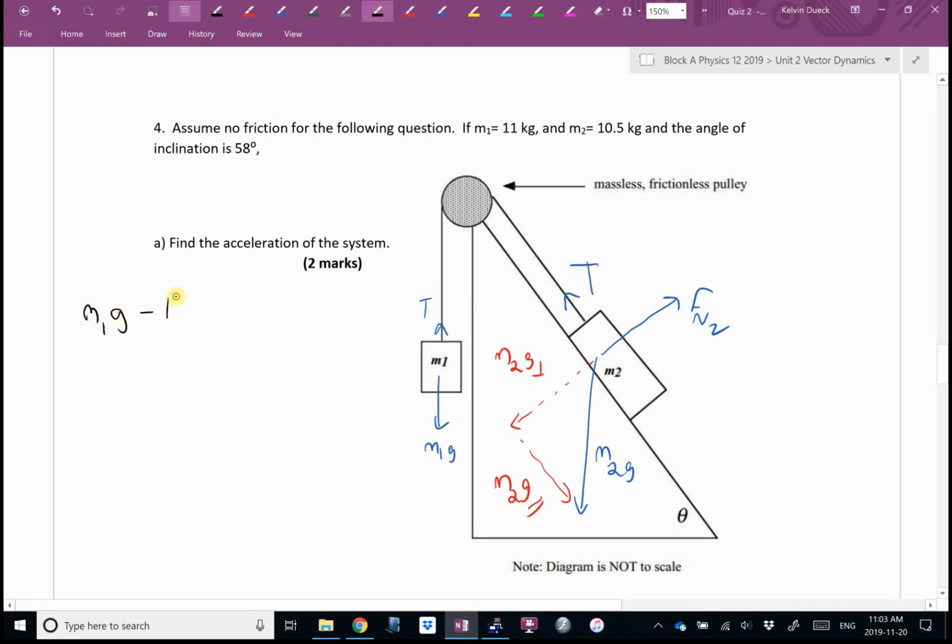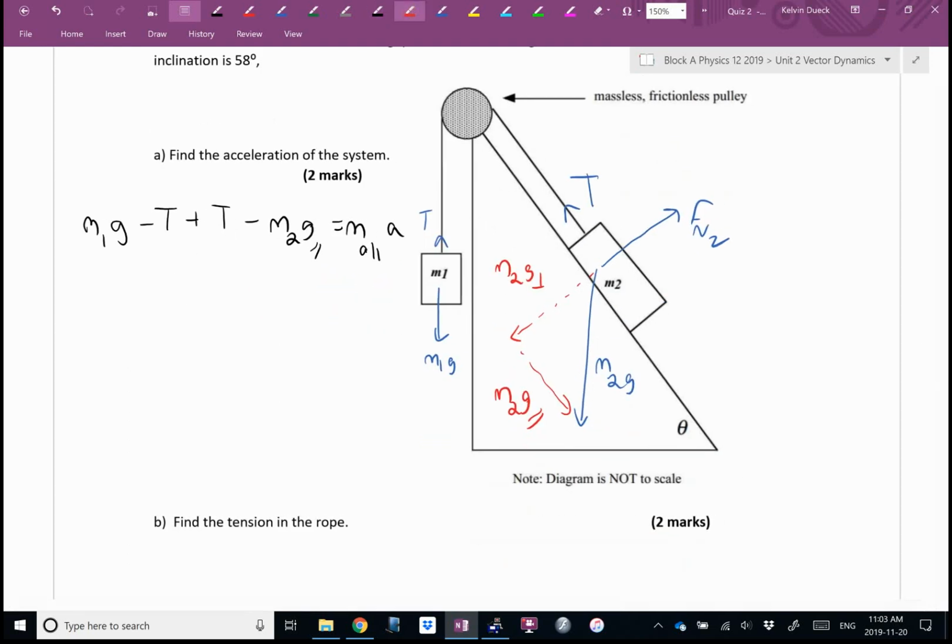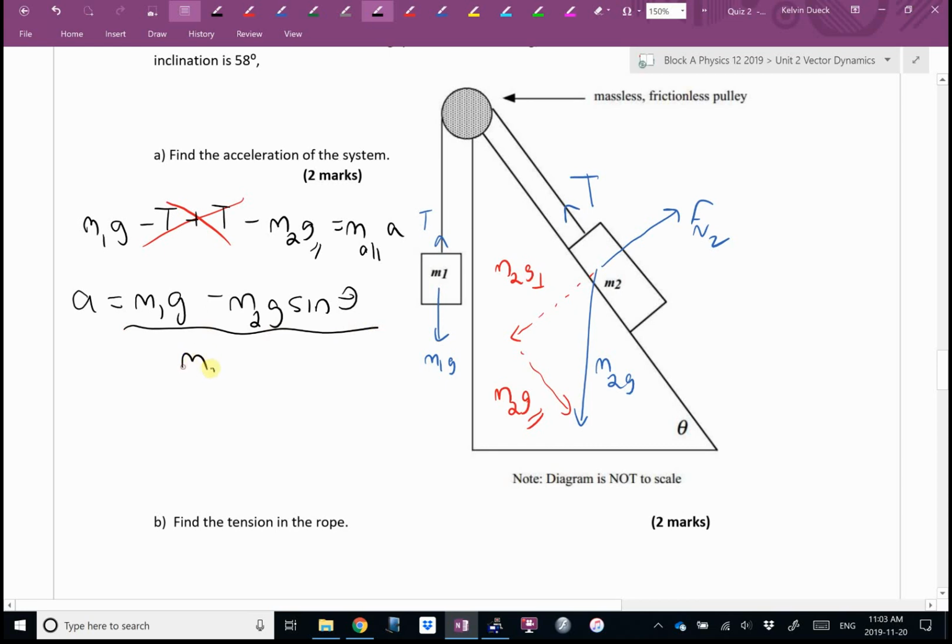M1G minus tension plus tension minus M2G parallel equals M all A. Oh, love it when I lose tension. Can never get enough of that. So A is going to be M1G minus M2G sine theta all over M1 plus M2.